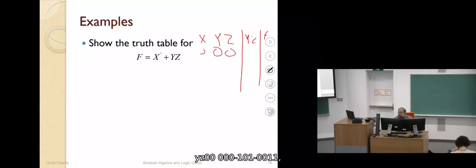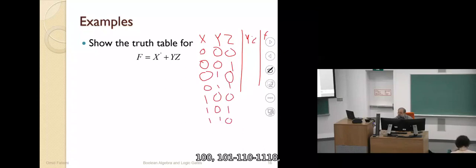0 0 0, 0 0 1, 0 1 0, 0 1 1, 1 0 0, 1 0 1, 1 1 0, 1 1 1. 8 possible combinations of x, y, and z.